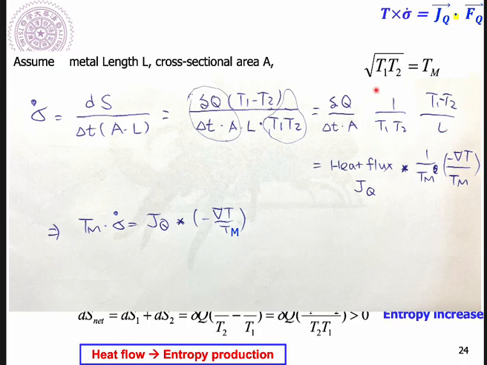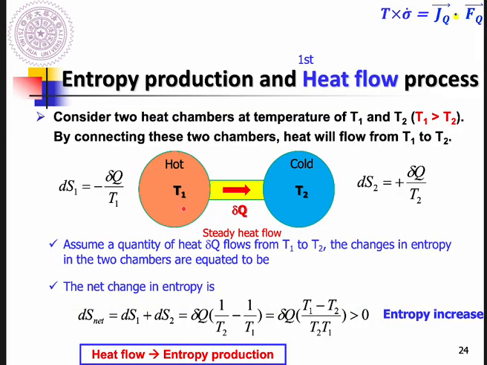Okay, so I have a heat flux, and the remaining here is a negative temperature gradient. Why is it negative? Because we use T1 minus T2. And what's T1? T1 is here, and the heat flow goes this way.